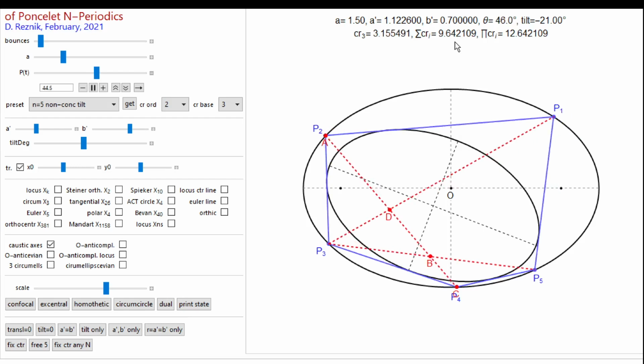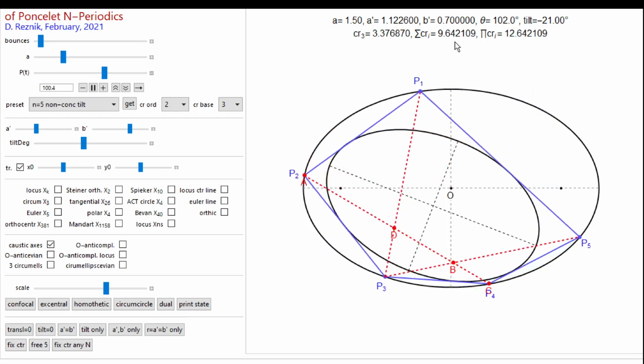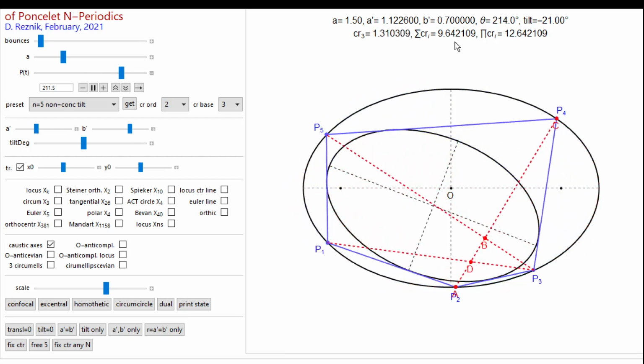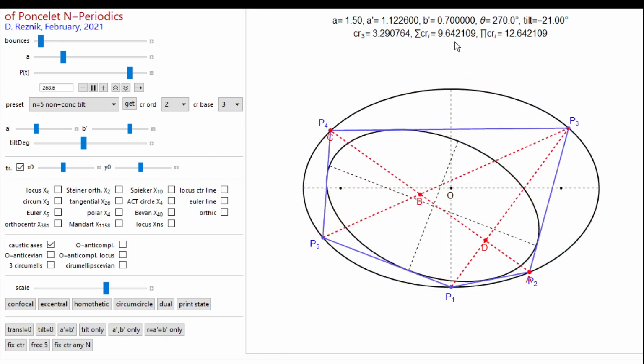I don't know if this is obvious, if this stems from some basic geometry in Poncelet, but it's pretty interesting nonetheless.